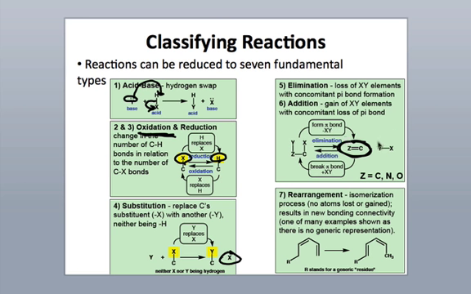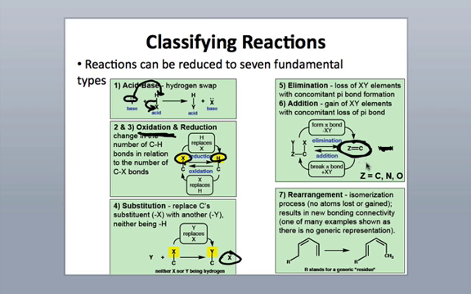Addition, on the other hand, is the addition of a single bond across a pi bond. So with an addition reaction, the pi bond is broken and 2 new single bonds are formed. In an elimination reaction, the opposite takes place and 2 single bonds are broken to form a pi bond.